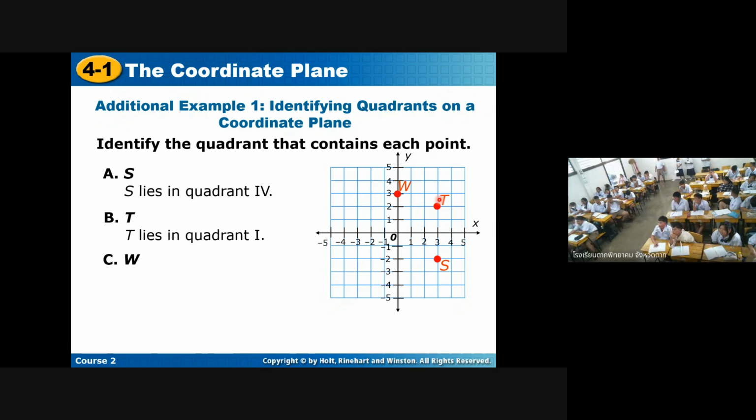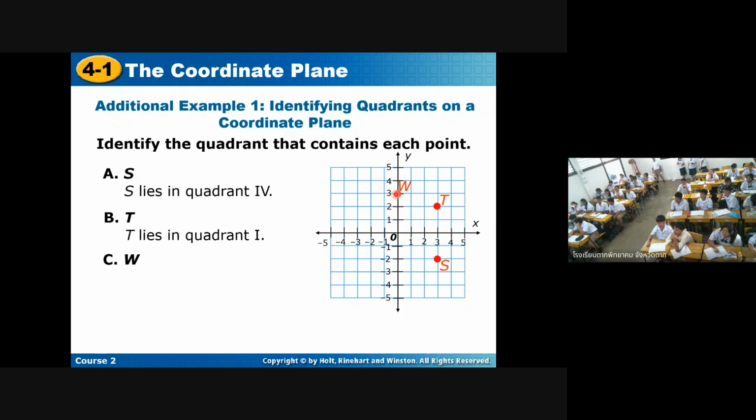How about point W? In which quadrant is point W located? Or is it a quadrant or an axis? Again, this is where 1 is, this is where 2 is, and 3 and 4.